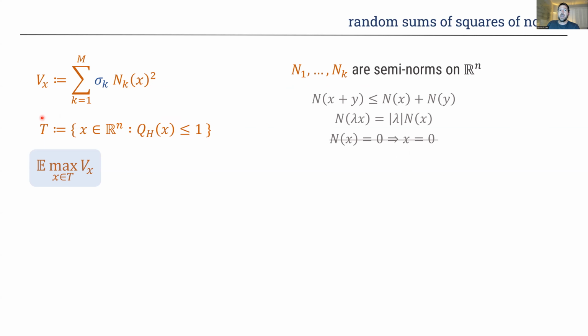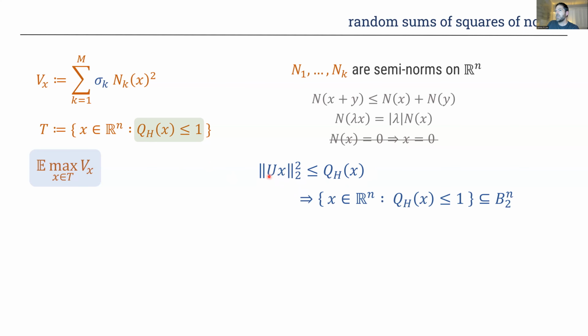And then again, we have this set T containing all the vectors where the hypergraph energy is at most 1. I want to simplify this as well. Now you have to remember back to where I said that if you use these block L-infinity Lewis weights, then you lower bound the hypergraph energy by this square of the Euclidean norm.